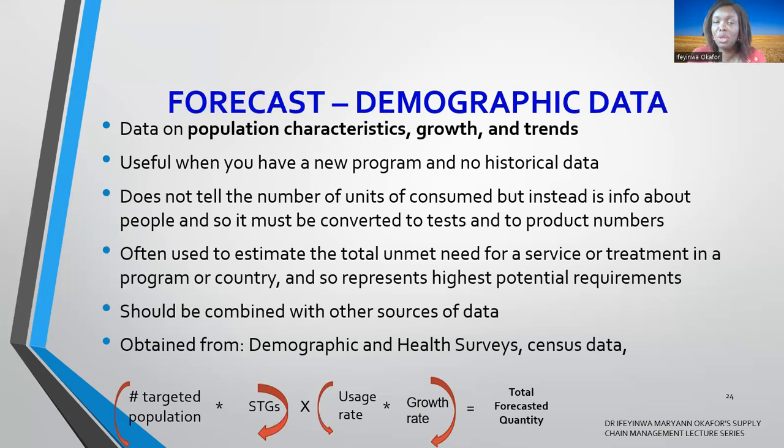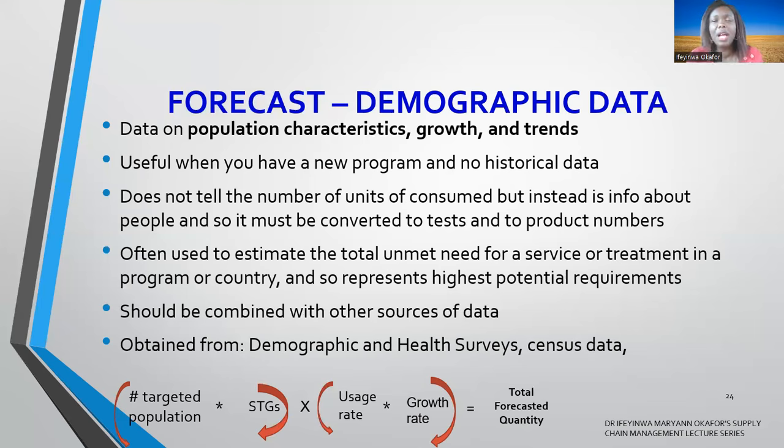As you use demographic data, you also combine it with other data for you to have an accurate forecast. Information should be obtained from demographic and health surveys and also census data.